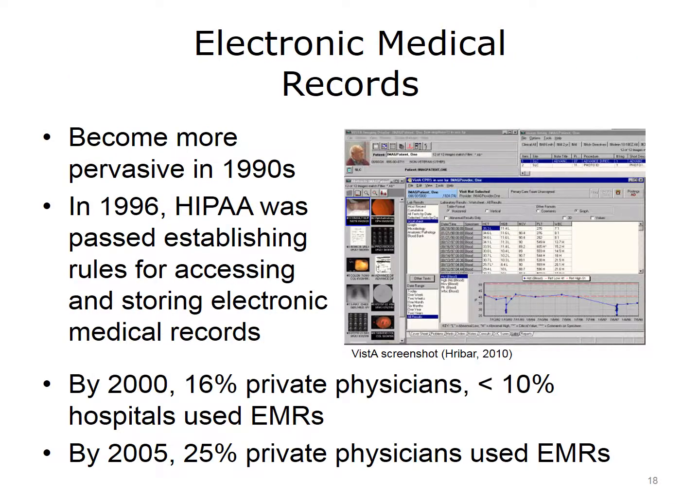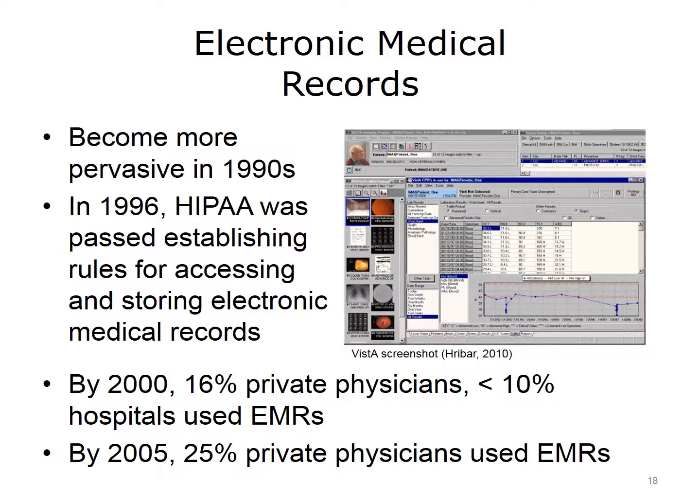As all these advances in computing and the Internet were happening, electronic medical records, or EMRs, got their foothold. More versions of them were being developed in the 1990s, and they became more user-friendly with the addition of graphical user interfaces.